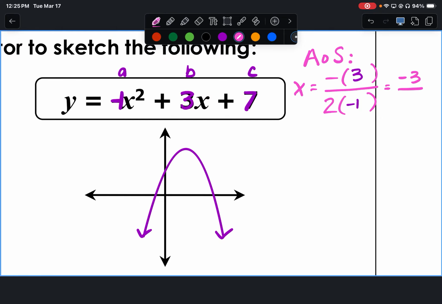And our denominator? Now, a negative divided by a negative is a positive. And can we simplify 3 over 2? So it's just going to be x is equal to 3 over 2. So this line that cuts through over here is the line x is equal to 3 over 2.